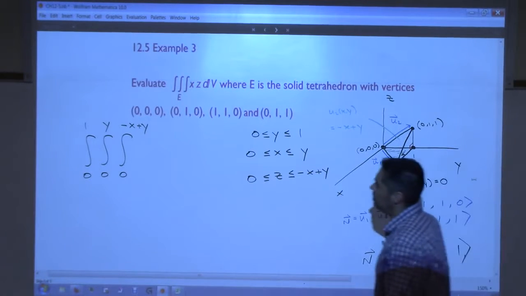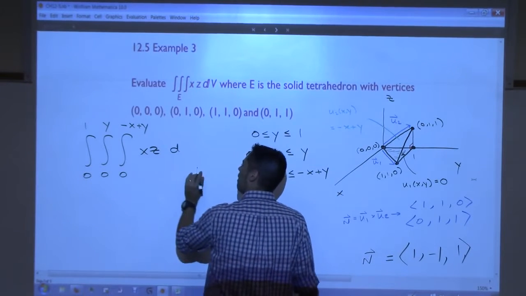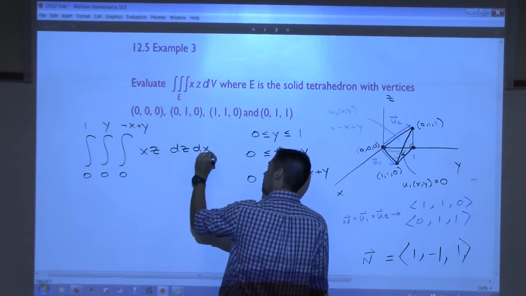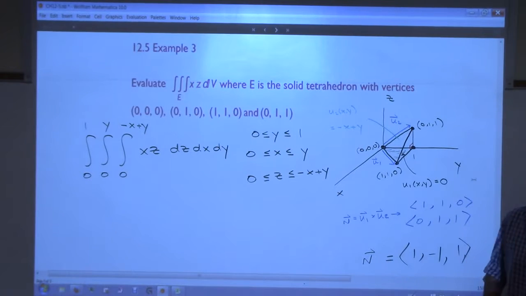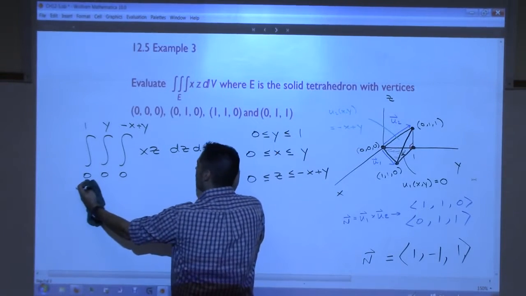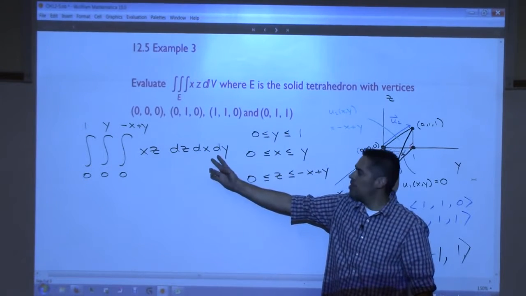I'm integrating xz, d what? z dx dy. So you have to be careful with that, right? Because your outer are your restrictions on y. And that tells us right there it was a type 2. That switch there.